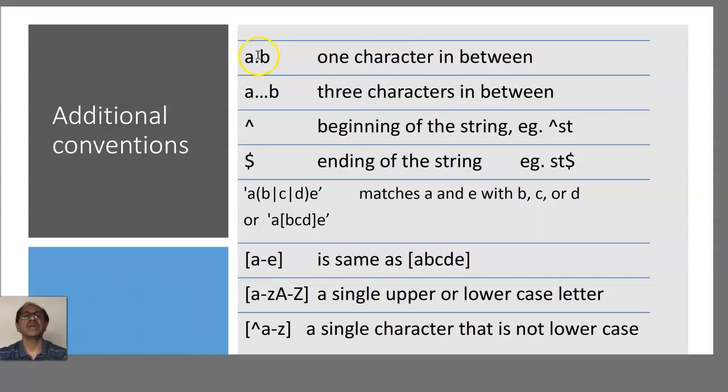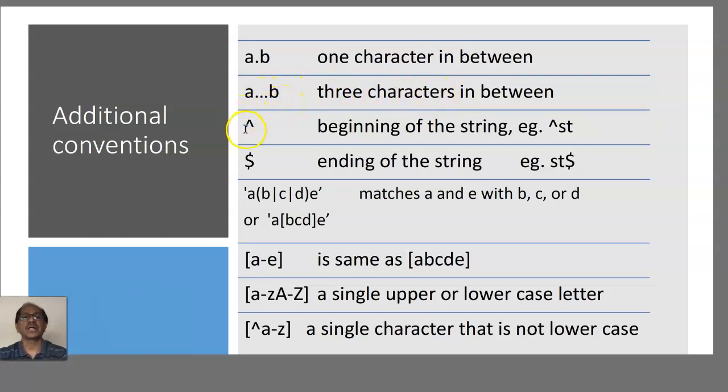But here we are not talking about more than 1. At least there is 1 character. That's what we are talking about. So to represent that, we use dot. So 1 character in between A and B. If you use more dots, that becomes more characters. So A, 3 dots, and B represents there are 3 characters in between A and B.